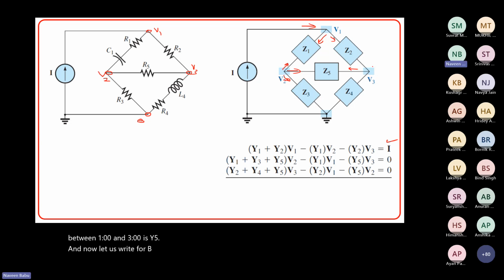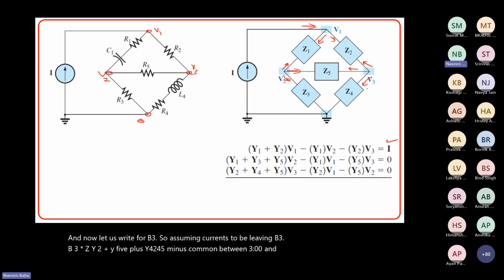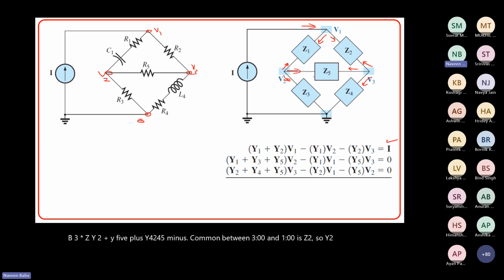Assuming currents to be leaving V3, V3 multiplied by Y2 plus Y4 plus Y5, minus the common between 3 and 1, which is Y2, and the common between 3 and 2 is Y5, equal to 0.